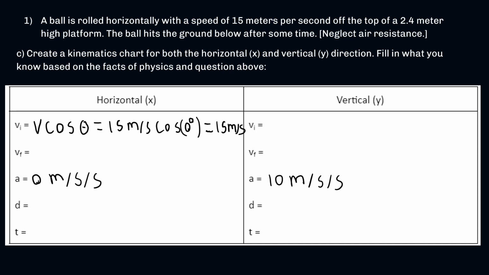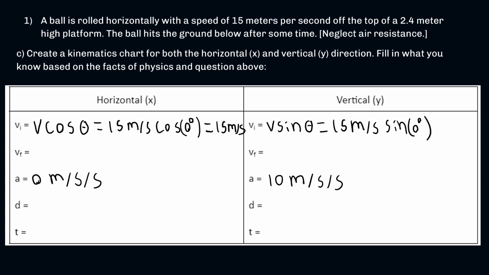Then in the vertical direction, we're going to do essentially the same thing, but if you look on your fact sheet or on the reference table on the very back, you know that it's going to be with sine instead. So we're going to have my velocity that they give us times sine theta, then plug in the velocity as 15 meters per second times sine of, again, this angle is going to be 0 degrees because I have 0 degrees with respect to the horizontal.